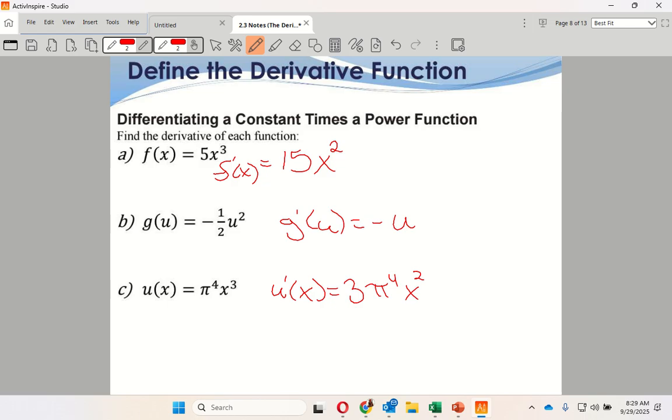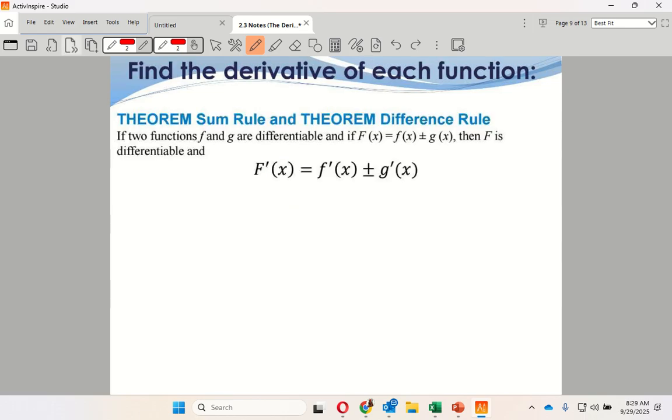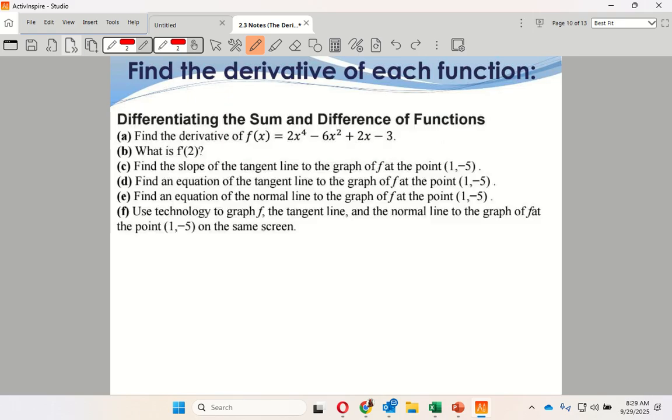All right, so the sum theorem. Basically, you could add and subtract the different terms together. So the derivative of the whole thing is basically the derivative of each term.